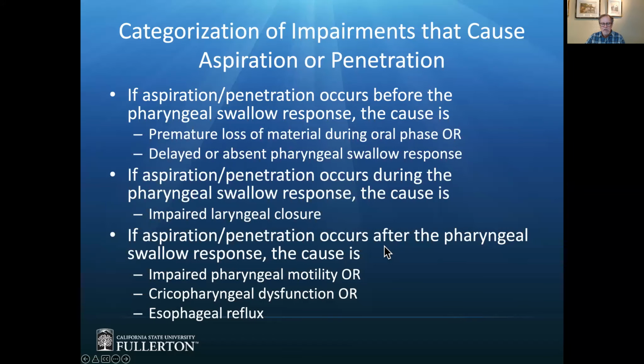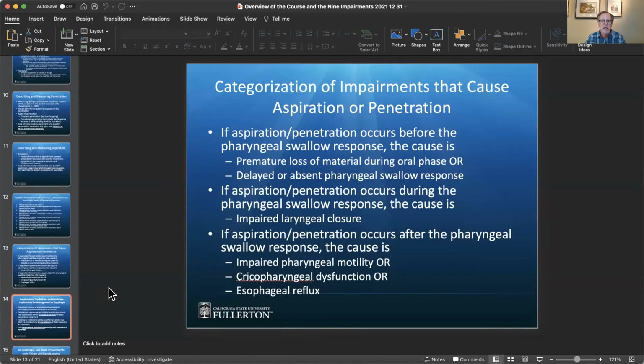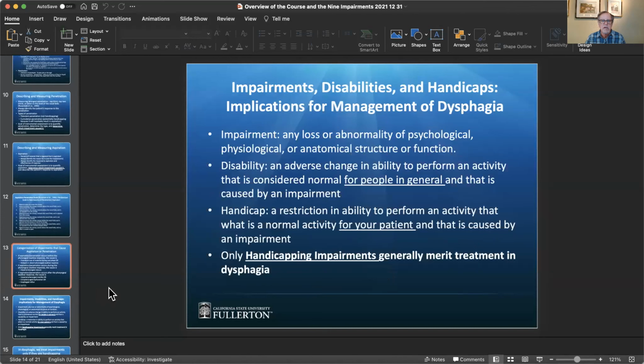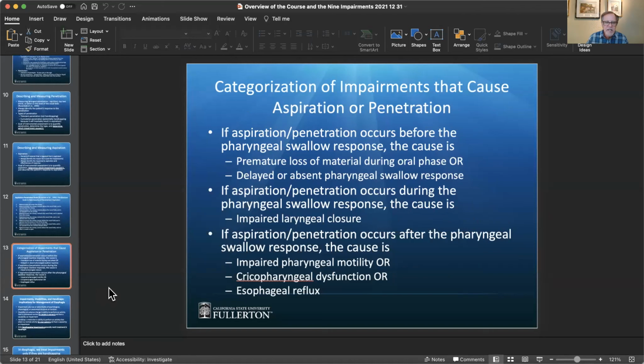I'm resuming the recording, and we are on slide number, what is that? My computer is catching up. Sorry about that. Okay, we're on slide number 13.